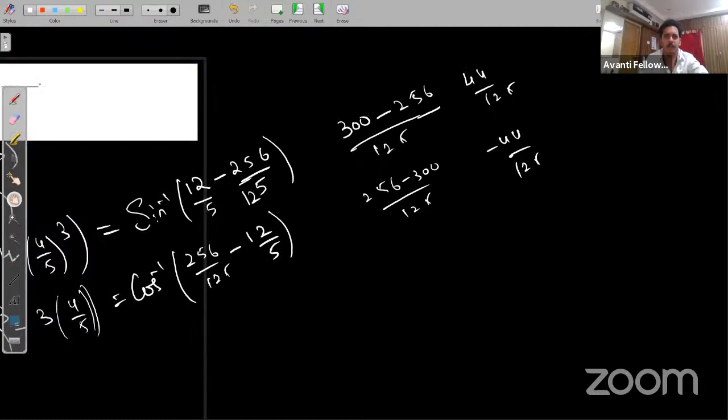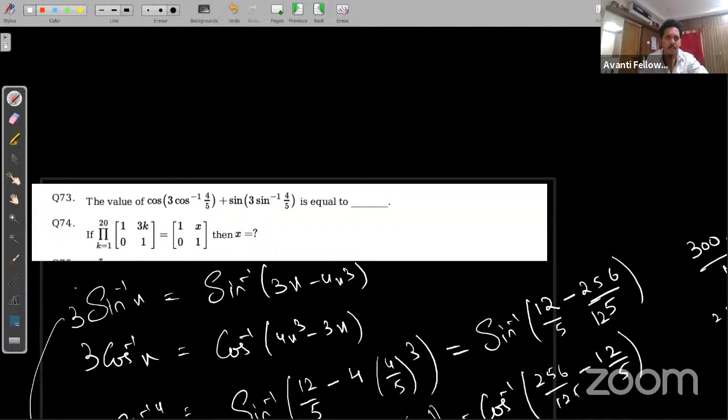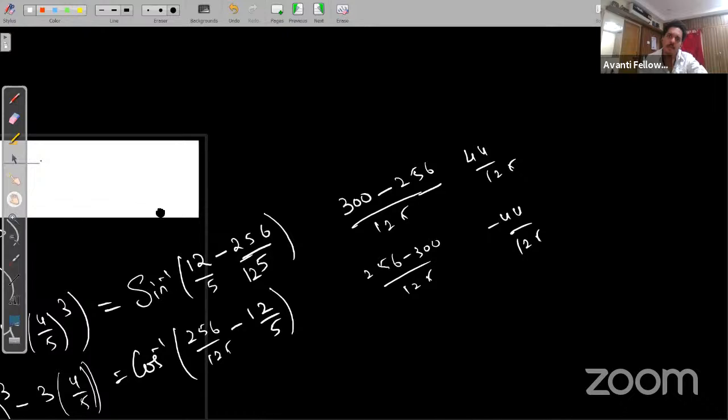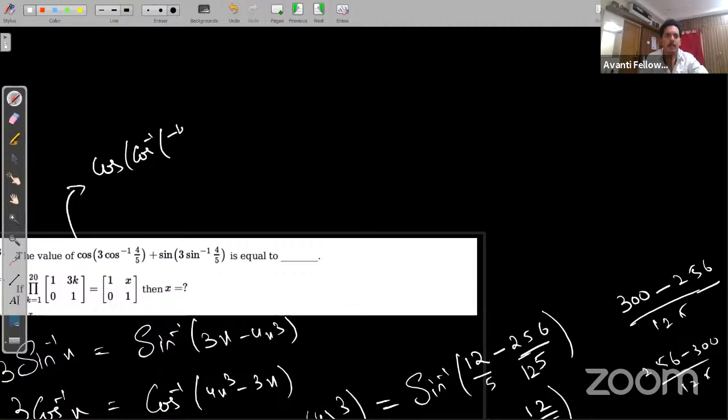Okay, so finally we got some value here. I'm going to substitute it here. So I got cos inverse of minus 44 by 125 plus sine inverse of, what is the sine inverse we got?